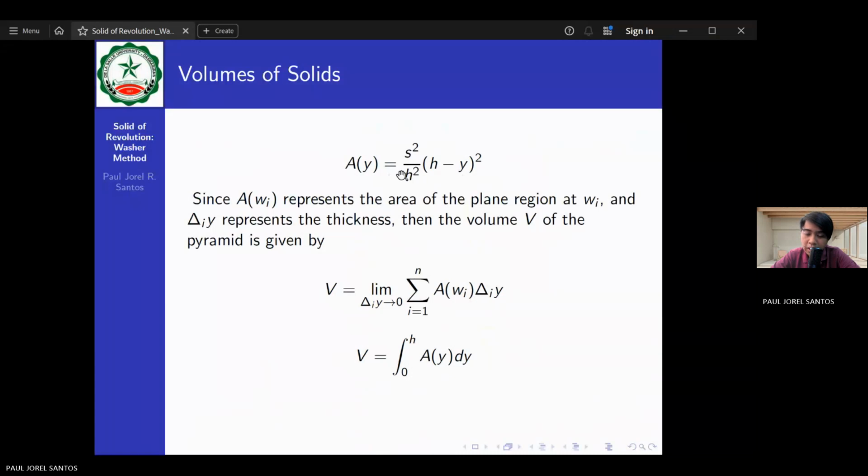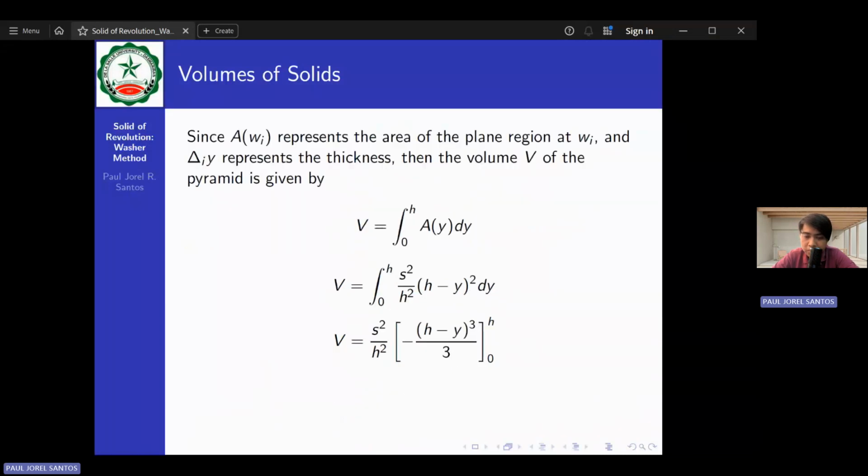Now, since those two are equal, we just need to replace A of y by this one, and it will give us this. We need to find the integral of s squared over h squared multiplied by the square of the difference of h and y. Since s squared and h squared are constants, we just take them out.